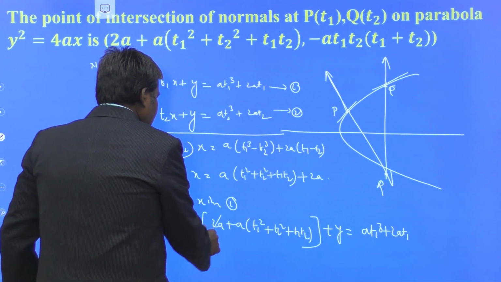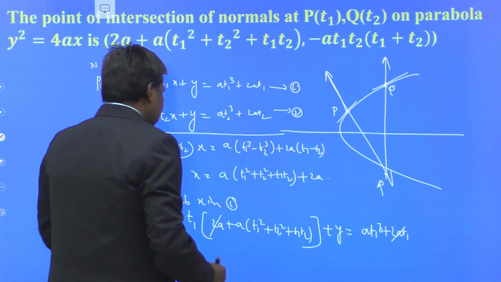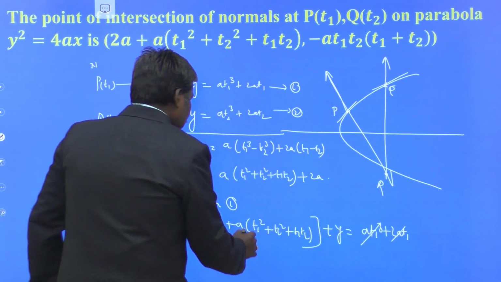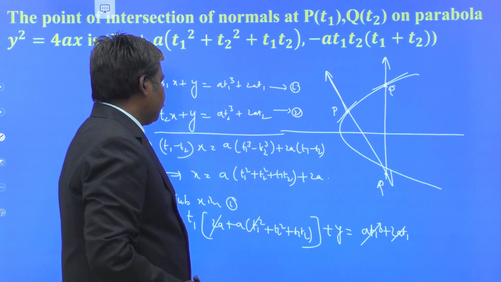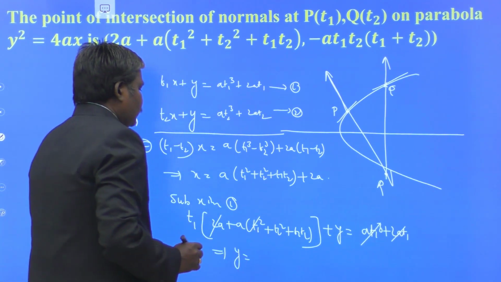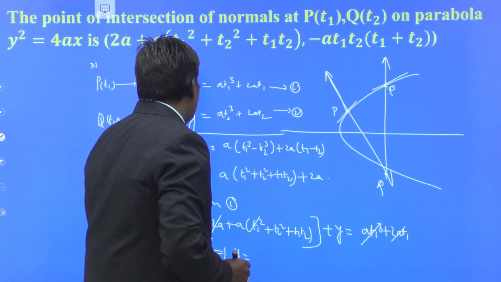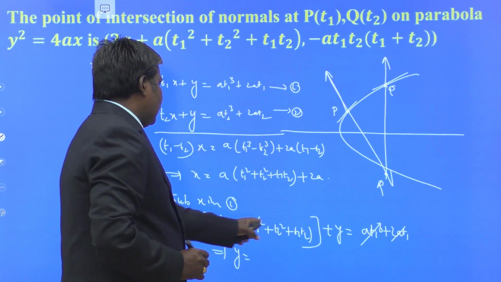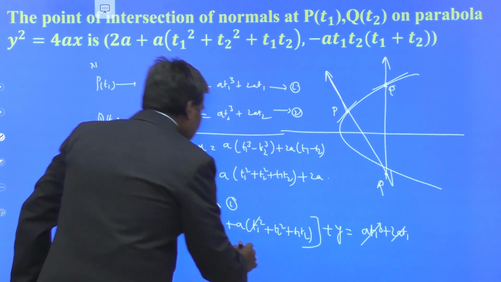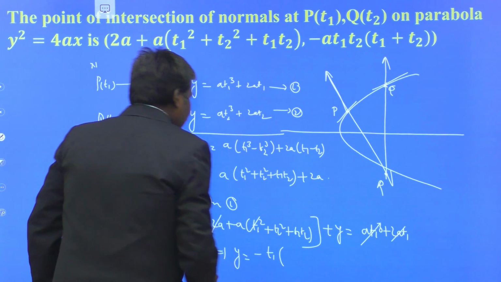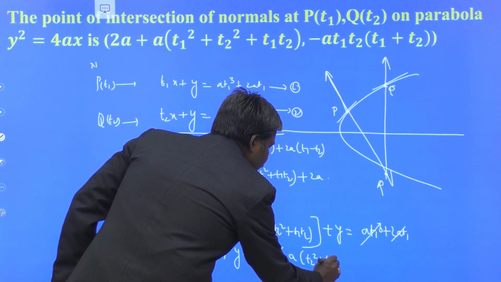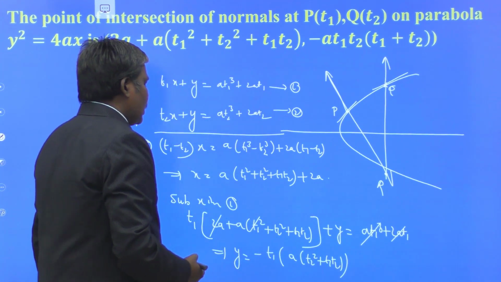See here, 2at1 and 2at1 get cancelled. a into T1 square into T1 is at1 cube, and at1 cube and at1 cube also get cancelled. So what is the coordinate of y, my dears? What is the value of y? y is equal to a into T1 into (T2 square plus T1 T2). When it is coming to the right side, minus T1 into a into (T2 square plus T1 T2). So you can take T2 common.